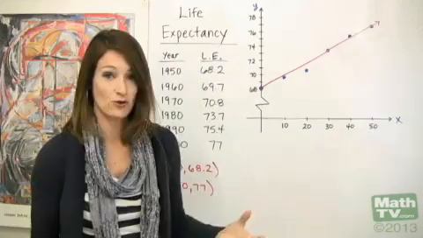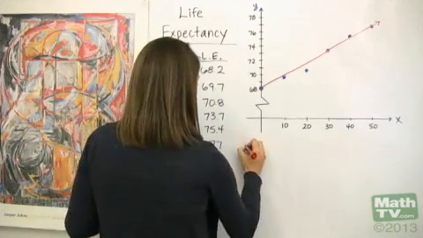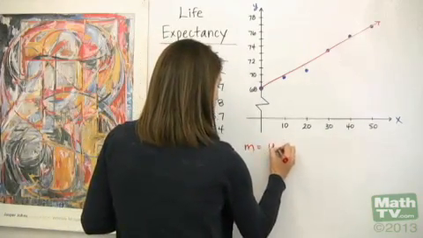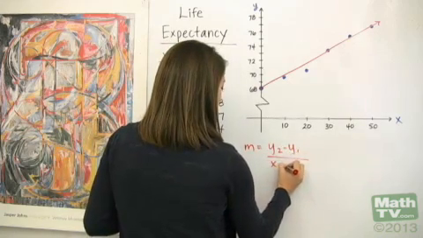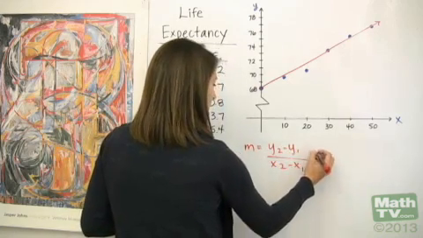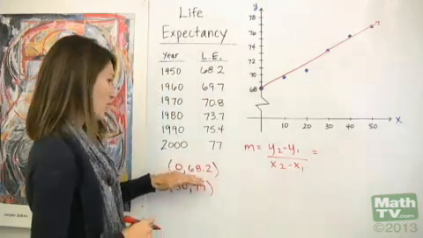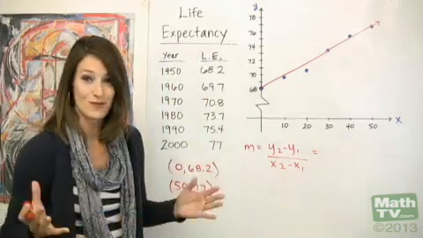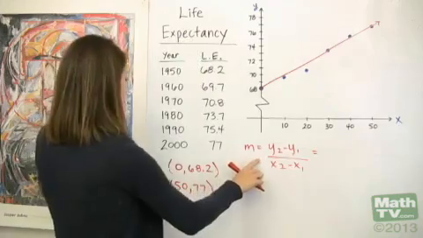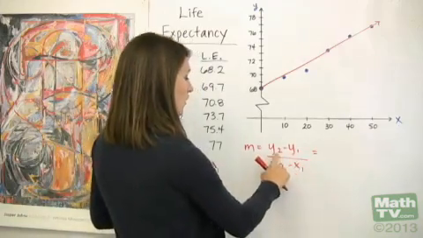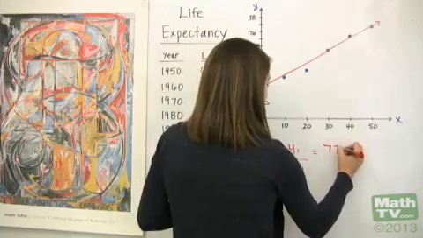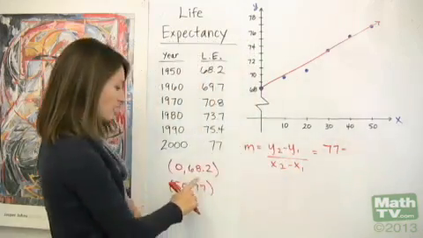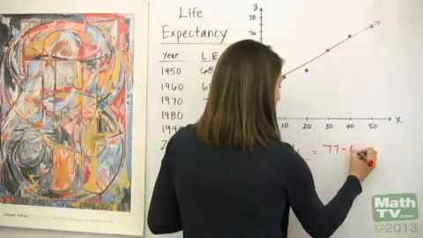So our formula in order to find the slope m is y2 minus y1, and that's over x2 minus x1. So we just plug in our y and x values from the 2 chosen points into this formula to find our slope. So our y2 value is 77, and then we subtract our y1 value, which is 68.2.